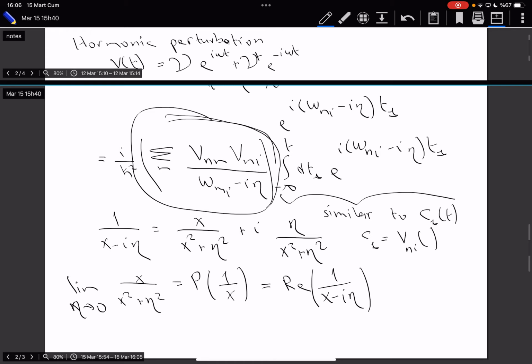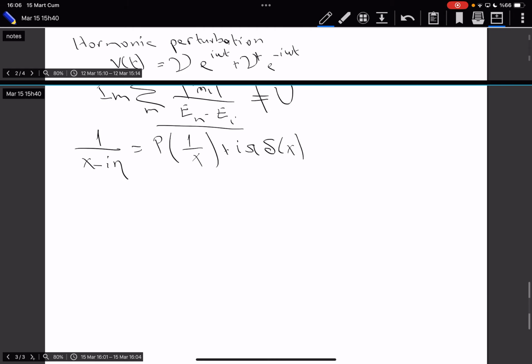And this factor 1 over omega_mi minus i eta is sometimes called the propagator. So we have the initial state, it makes a transition to the mth state, it propagates in the mth state, finally making another transition to the nth state. So if you interpret it like that, this is just a second order Feynman diagram.